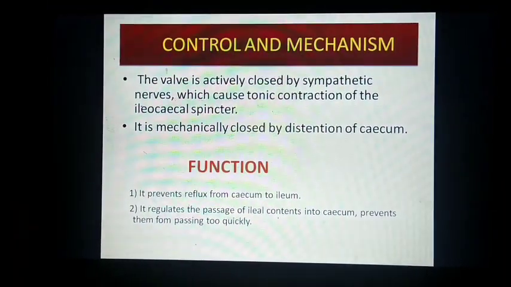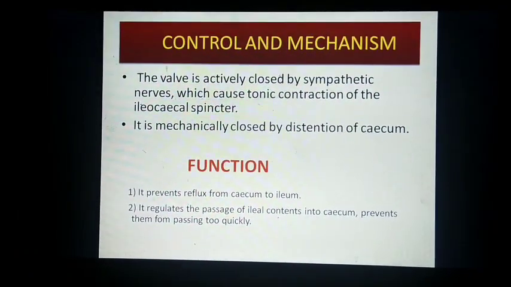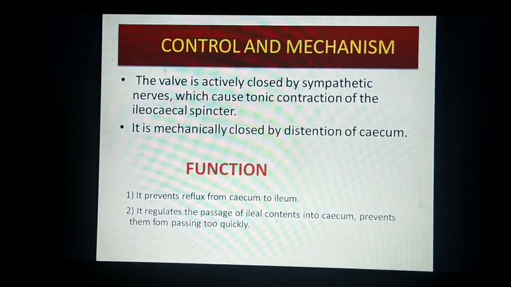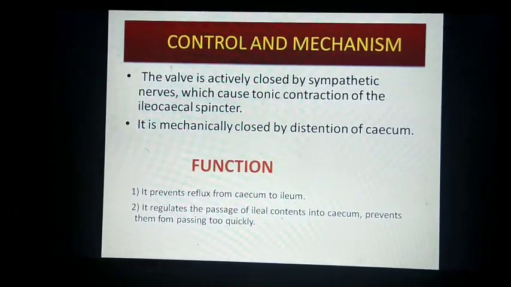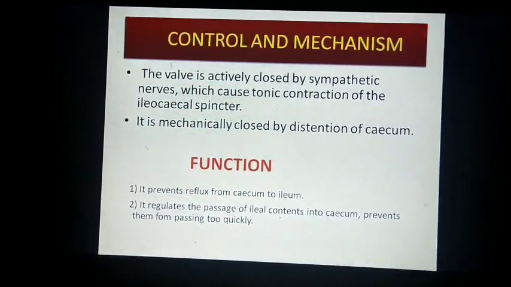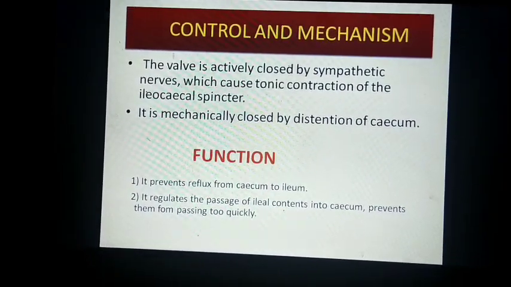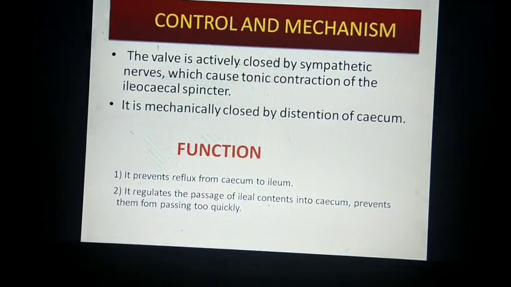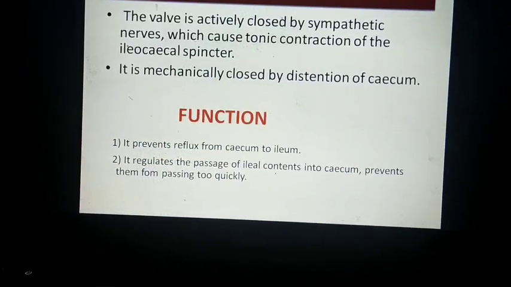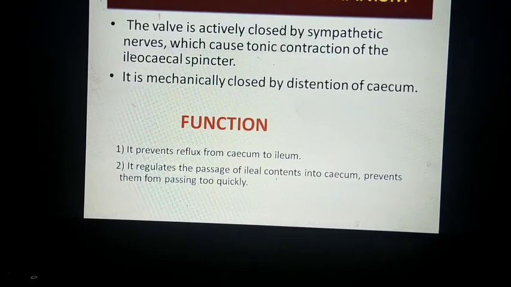Then the control and mechanism of the ileocecal valve. The valve is actively closed by the sympathetic nerve, which causes tonic contraction of the ileocecal sphincter. It is mechanically closed by distension of the cecum. The function of this valve is to prevent reflux from the cecum to the ileum.